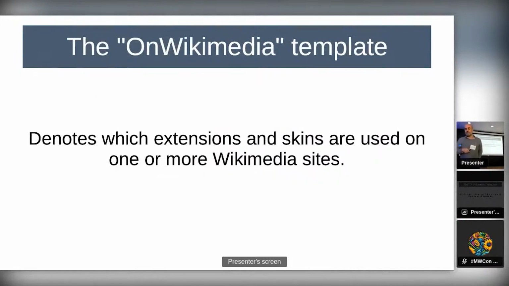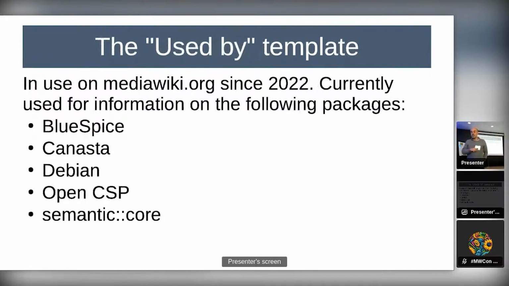So there are some resources that can help with this. There's a template on MediaWiki.org called On MediaWiki, which denotes the ones that are used on one or more Wikimedia sites. There's a newer extension that was created 2 years ago called Used By, which hopefully some people have seen, which lets you know the same thing, but not for Wikimedia sites, but rather for specific other packages.